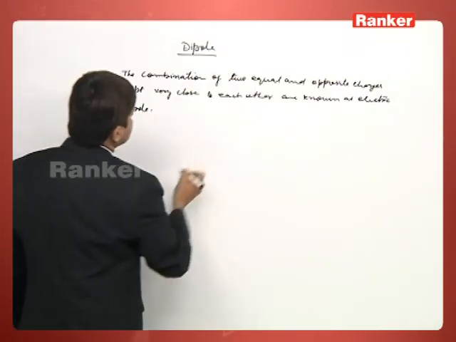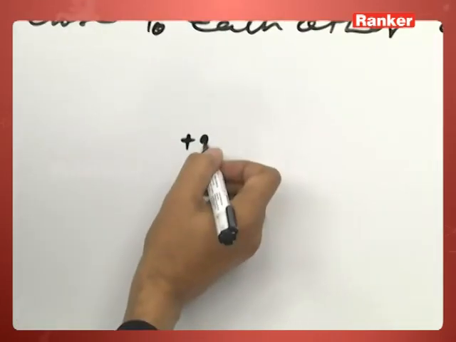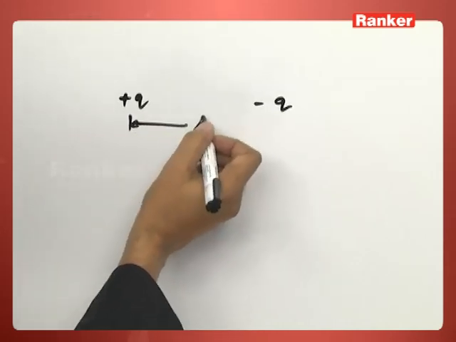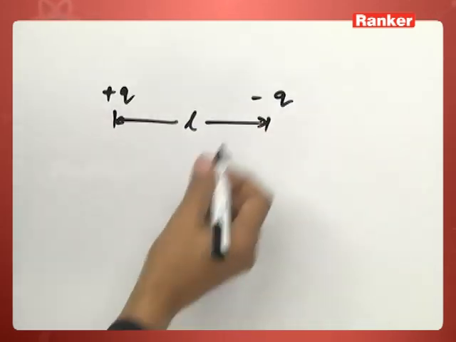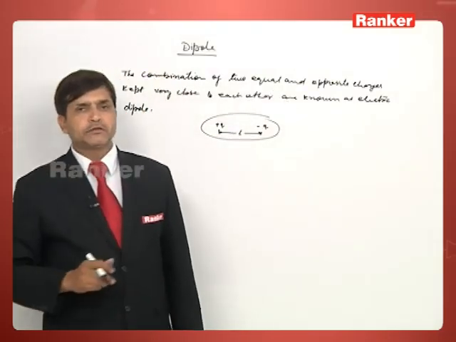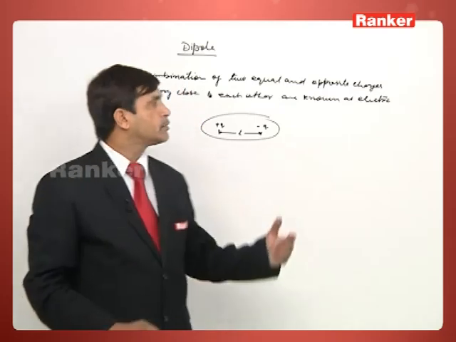Meaning of this, suppose one charge is positive Q, another is minus Q. When these two charges are kept very close to each other, this set of two charges can be called an electric dipole.